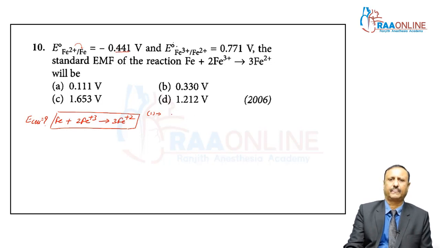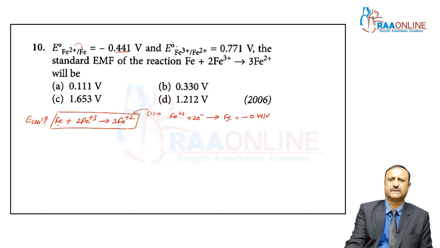Here we can say Fe2+ accepts 2 electrons to convert to Fe, and E naught is minus 0.441 volt. Now number 2. When we see the main reaction, this Fe is present on the product side, and in the required reaction it is present on the reactant side.